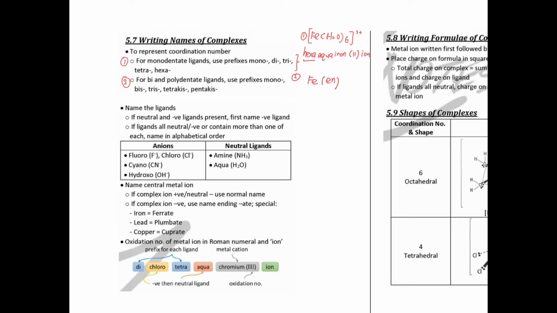So for this bidentate, let's say I have 3 of this bidentate, and then the charge is 2 plus.